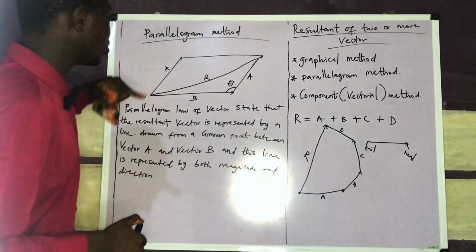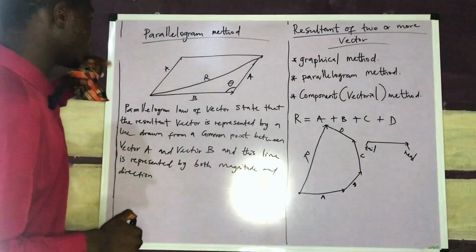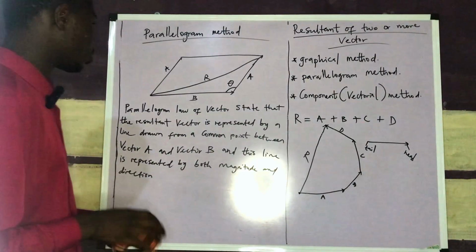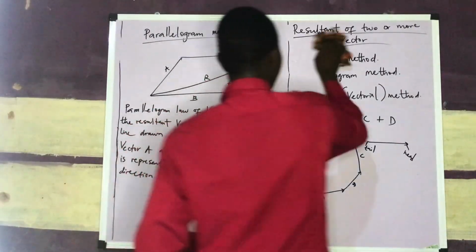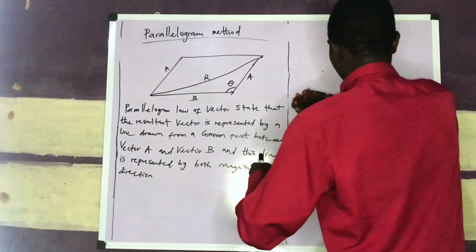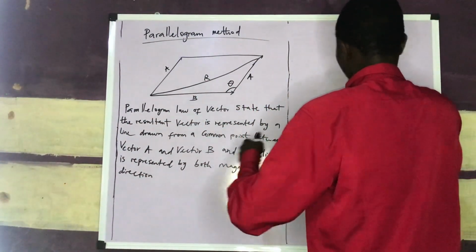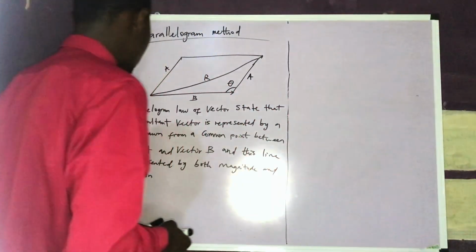So how are you able to calculate this resultant? We have the sine and cosine rule, but in this scenario we are going to use the cosine rule. What does the cosine rule say?